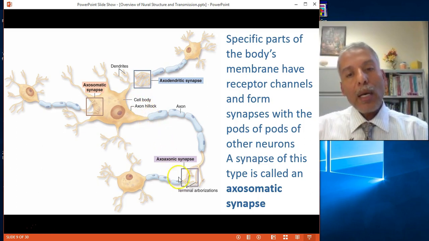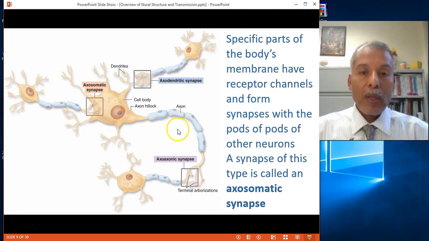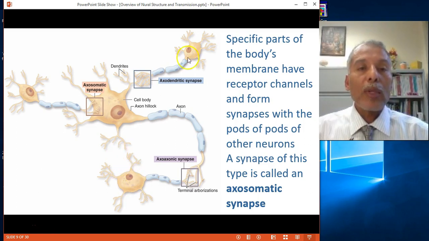When the axon of a neuron makes a synapse with the dendrite of another neuron, here's one neuron. I'm going to show you this area here.